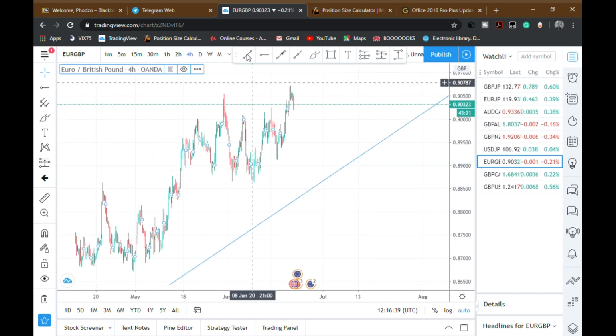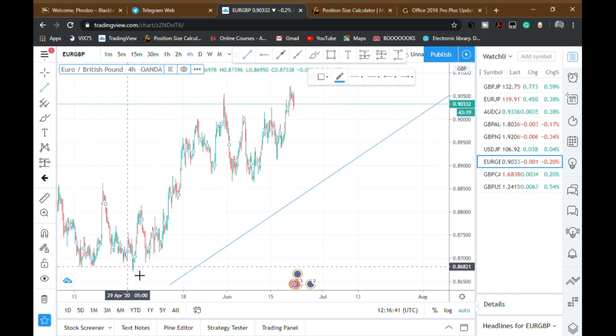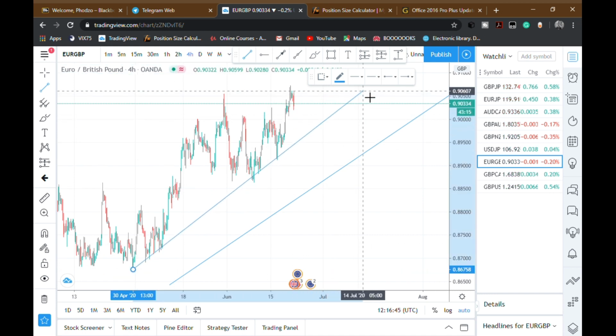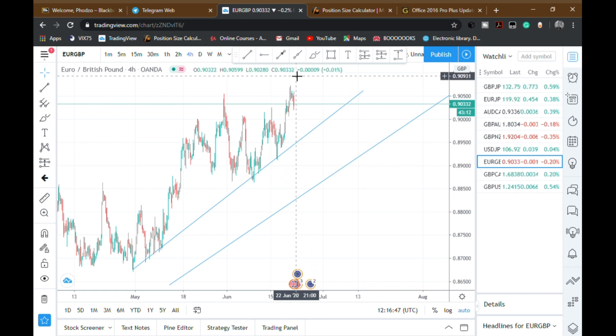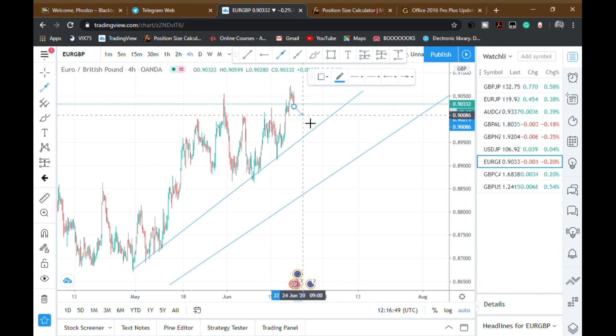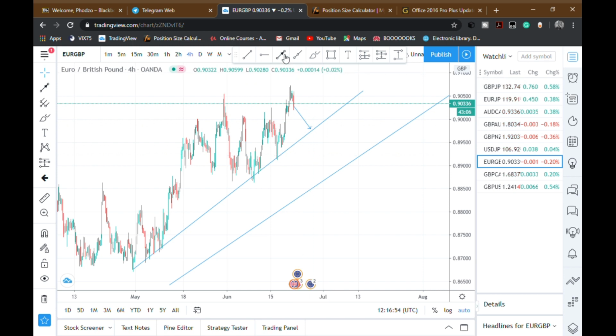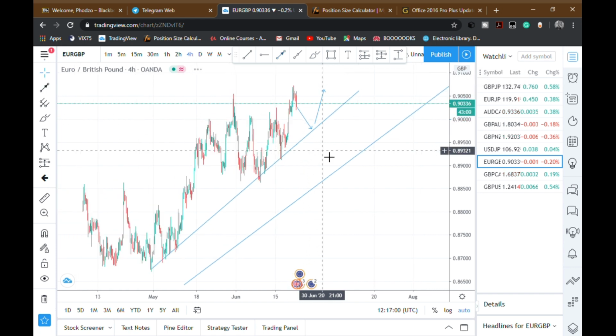I see something like an uptrend right here. So I'll just wait for price to hit this and start going up. Something simple like that.